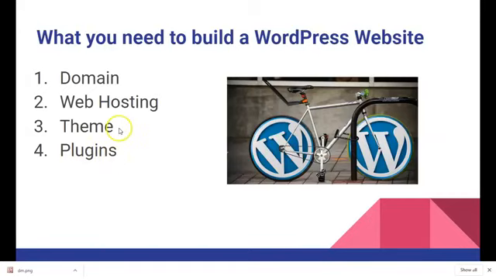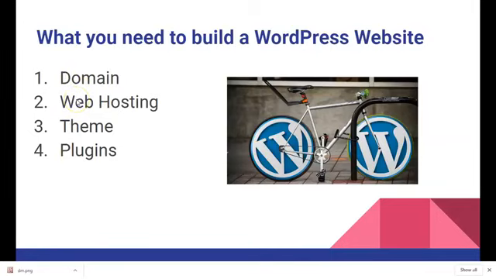So the good thing is most of these themes and plugins are available for free in the WordPress repository. So when you feel the need to add advanced functionalities to your website, you can go for the premium ones. But for now, we are going to be going with the free themes and the free plugins if you're just getting started. So these are basically the four things we need to build a professional WordPress website.